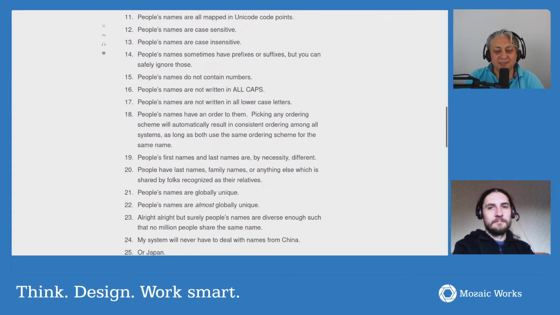People have last names, family names, or anything else which is shared by folks recognized as their relatives. So some people don't have only one family name. Some people don't have family names, and so on.